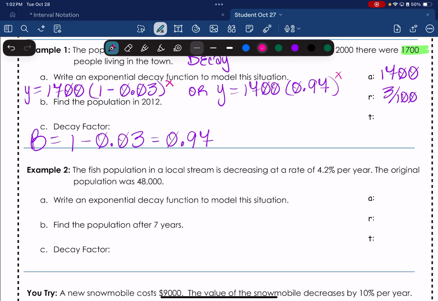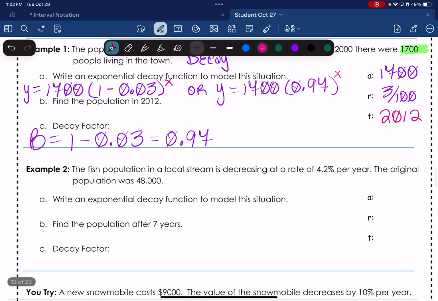A lot of you guys are going to say time is 2012. It is not 2012, it is 12. How do you know it's 12? Because I subtracted 2000. Thank you. That is exactly right, but a lot of people would not have done that. So you take 2012, subtract 2000 to get your 12. So my X is 12.